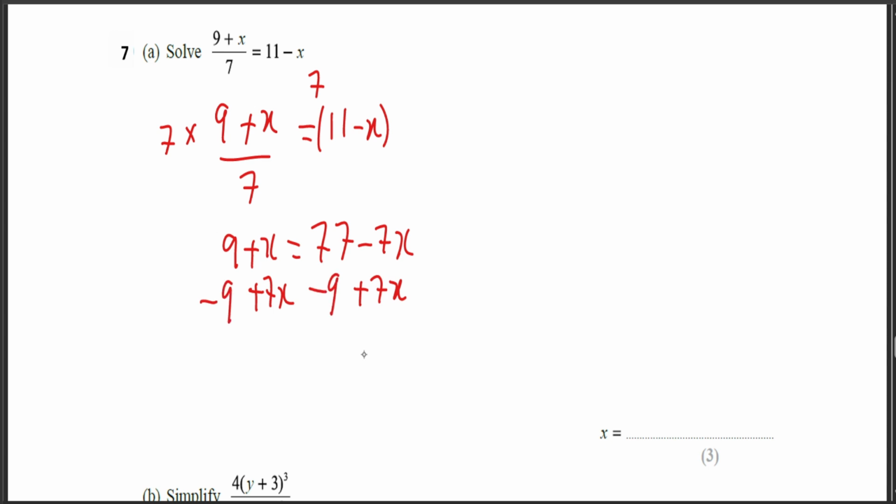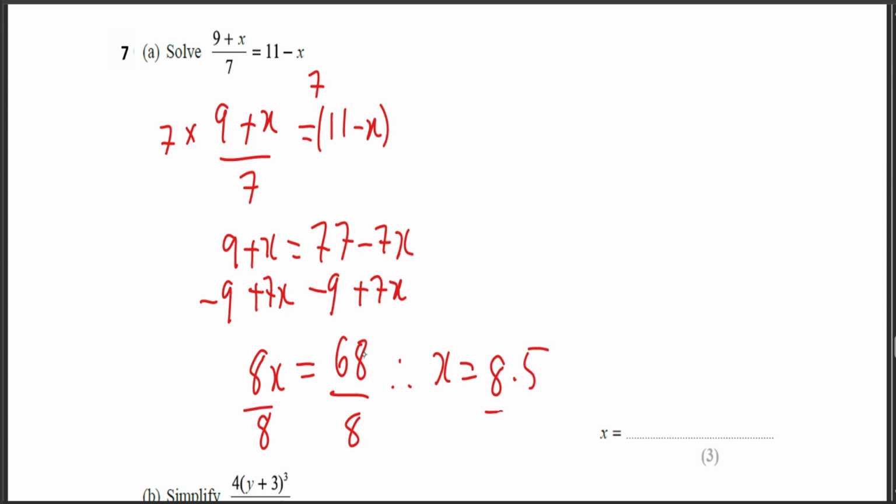So 7x plus x is going to give you 8x, and 77 minus 9 is going to give you 68. Then divide by 8. Divide by 8. x is going to give you 8.5. So that is your answer.